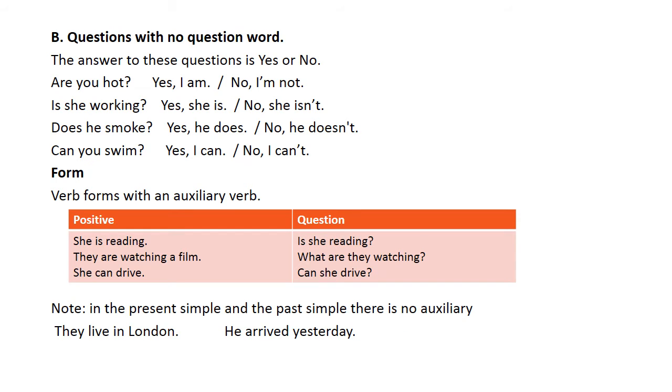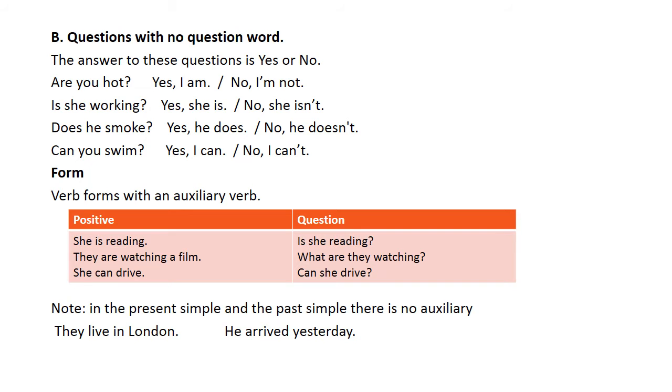The second part, questions with no question word. The answer to these questions is yes or no. We can say a short answer. Example for a question with no question word: are you hot? Yes, I am. No, I'm not.